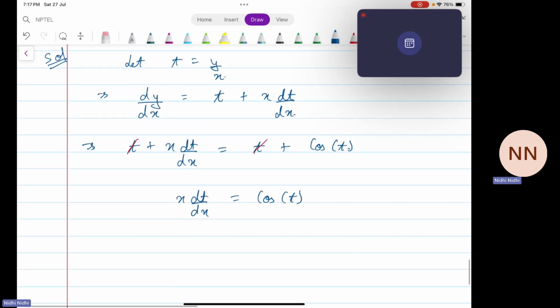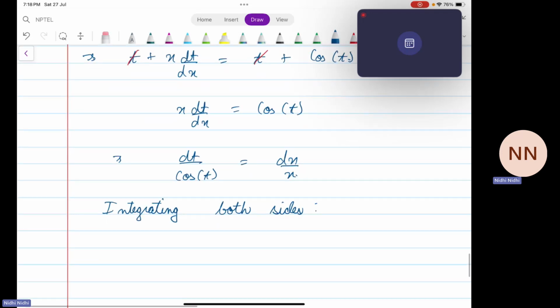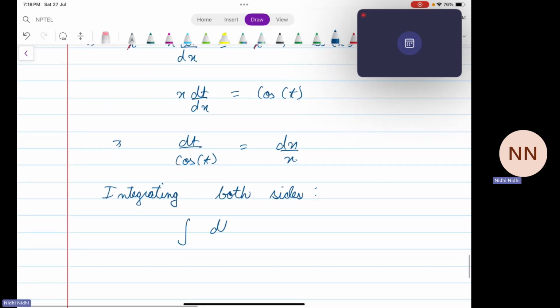So we get dt by cos t is equal to dx by x. Now integrating both the sides, we get integral dt upon cos t is equal to integral dx upon x.